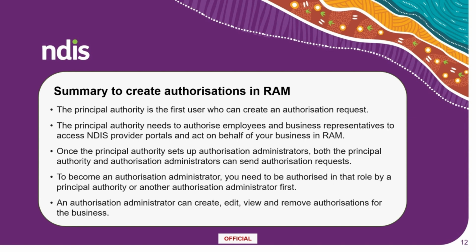Once the principal authority sets up authorization administrators, both the principal authority and authorization administrators can send authorization requests. To become an authorization administrator, you need to be authorized into that role by a principal authority or another authorization administrator first. An authorization administrator can create, edit, view, and remove authorizations for the business.